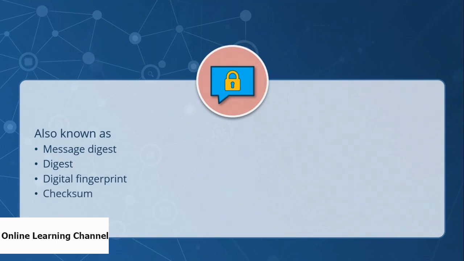Now you may have come across a lot of these terms, if not all of them, but in the end, all of these are in fact different forms of hash values. The specific term which is used depends on the context in which it is utilized. However, the purpose for computing such a hash is always the same, to ensure the integrity of the original message.